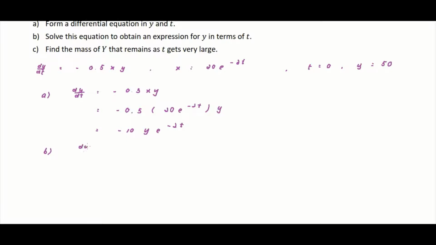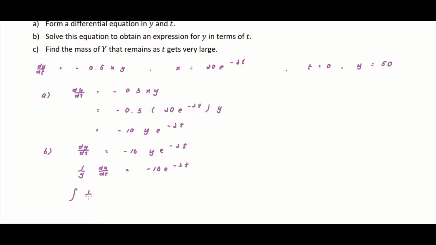So dy/dt equal to negative 10y negative 2t. Okay, so we try to move it around. So you have 1 over y dy/dt equal to negative 10 negative 2t.